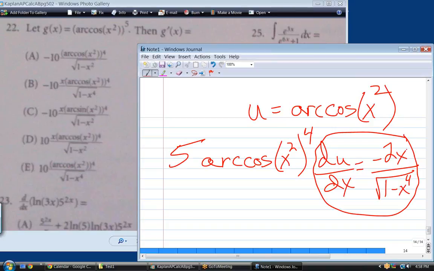And my numerator comes from 2x, which is the derivative of this last inside. And the negative sign comes from the fact that the derivative of the arc cosine of x is negative 1 over the square root of 1 minus x squared. It's worth noting, incidentally, that when you take the derivative of an inverse trig function, you don't get a trig function. Keep that in mind.